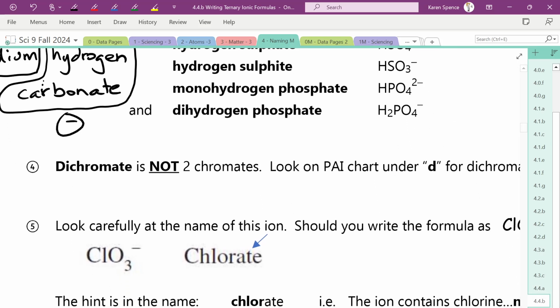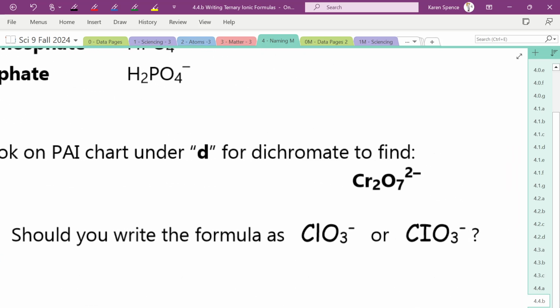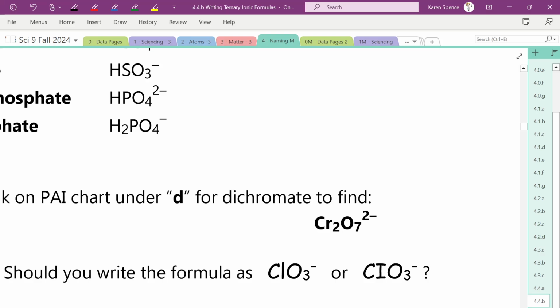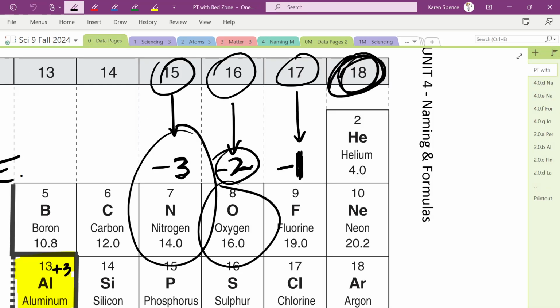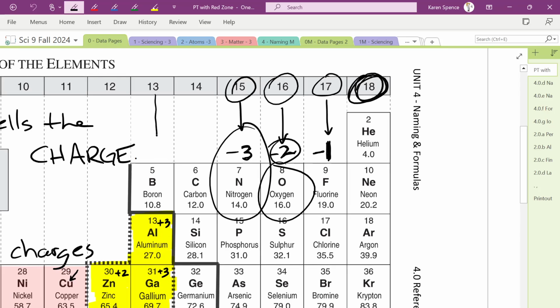Okay. Oh, here we go. Look, dichromate is not 2 chromates. So if I had, ooh, here's a fun one. Let's do aluminum dichromate. What is the charge of aluminum? Look on your periodic table. Tell me what the charge of aluminum is. Aluminum is in group 13.